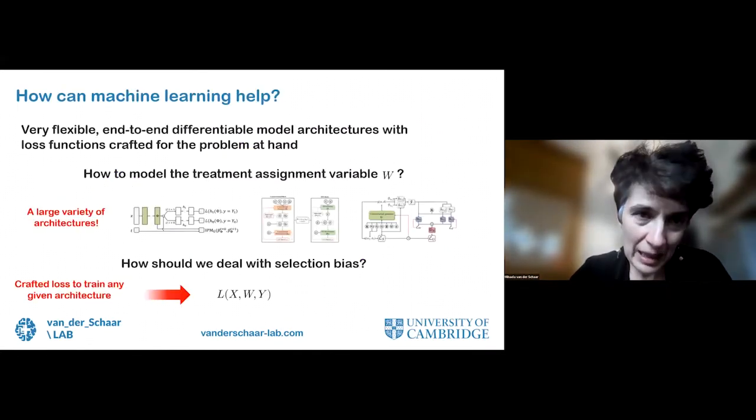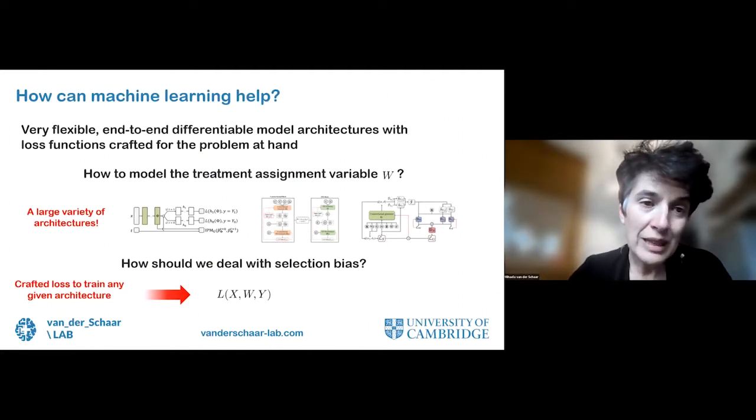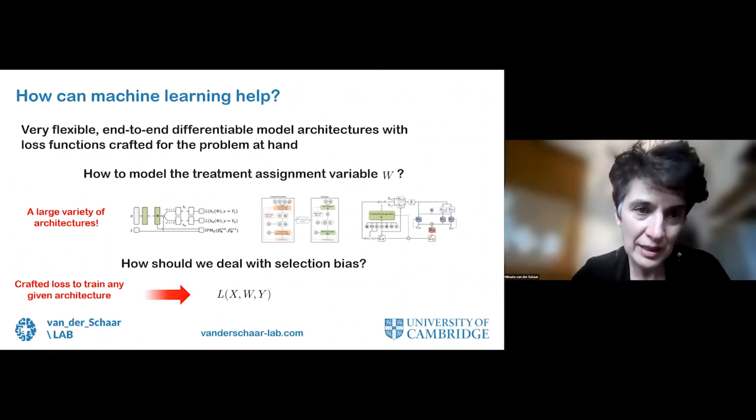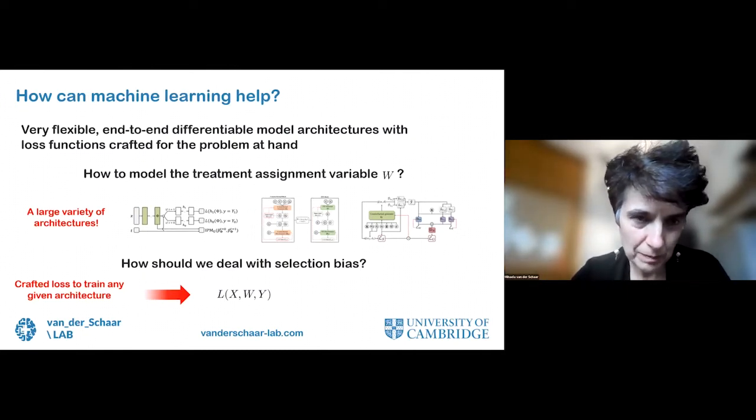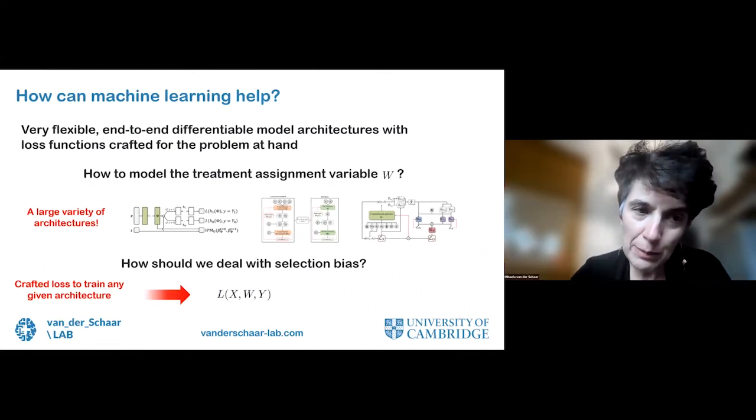Machine learning can help in this situation in the following way. Due to their flexibility, we are able to model in a very flexible way with a variety of architectures the treatment assignment variable W. Also, we are able to deal with selection bias by crafting different types of losses to train various architectures.